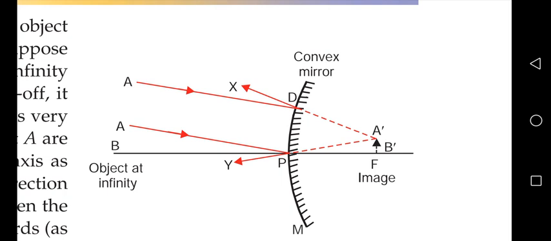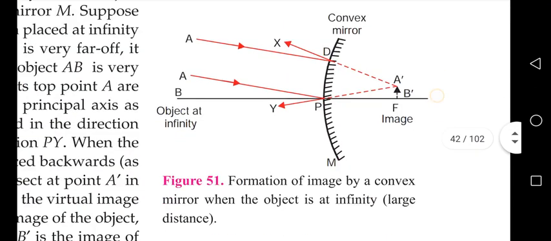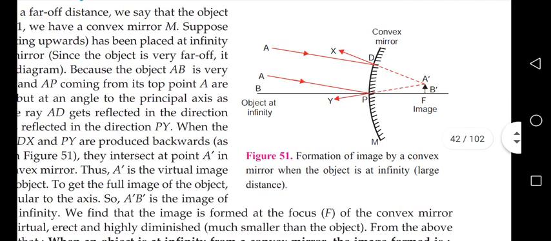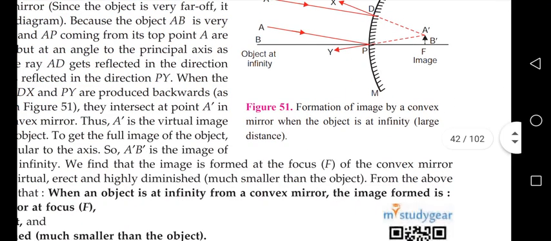The reflected ray is PY, right? So both of them are going to meet if you extend them backwards at point A dash B dash. There you can see that a virtual image of the object is formed, but this image will be highly diminished. So this is the formation of image by convex mirror when the object is placed at infinity.